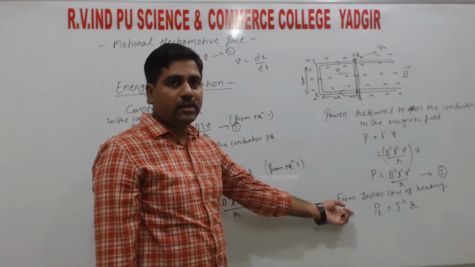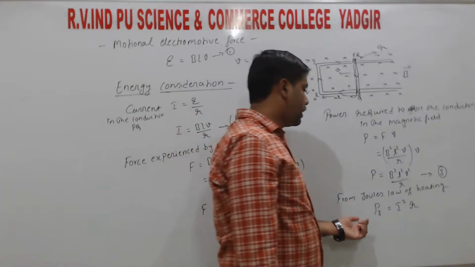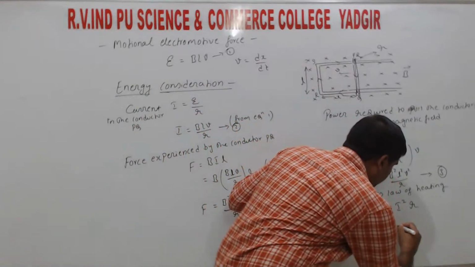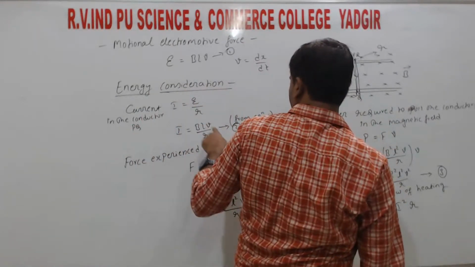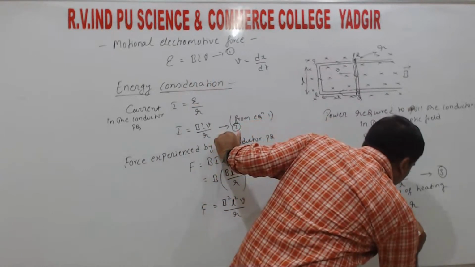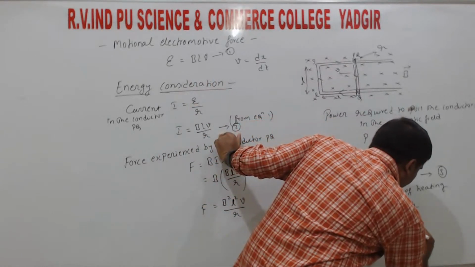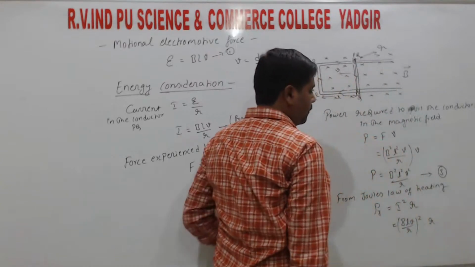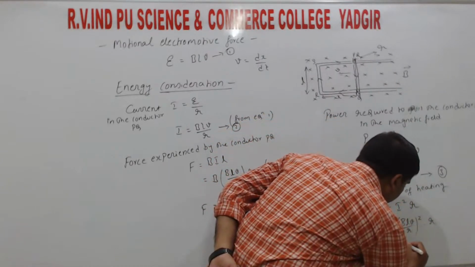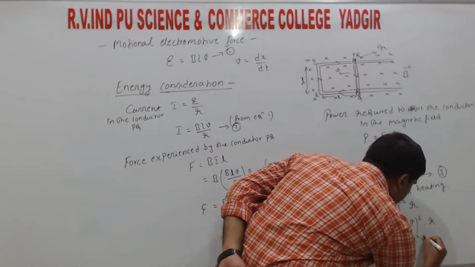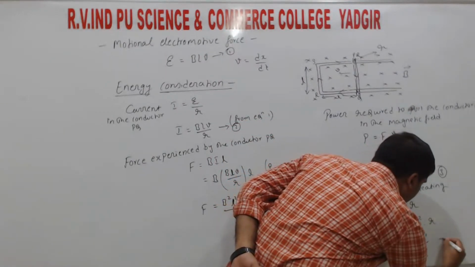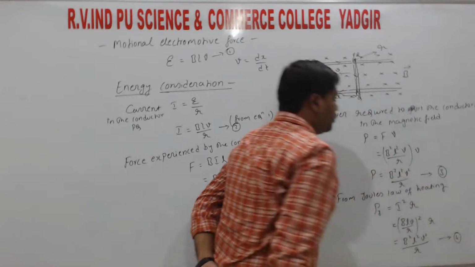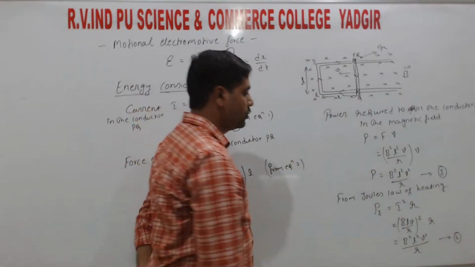We studied this in current electricity, power and energy. So from the first relation, for I we have BLV divided by R, whole square, into R. From this we can write B square L square V square divided by R. So that becomes the fourth equation, right?